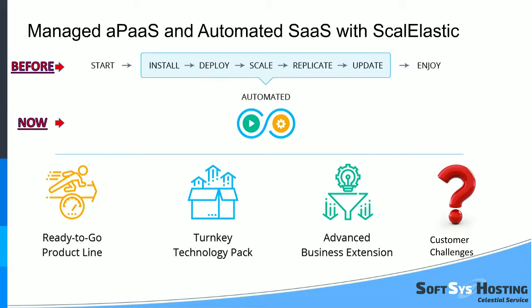There's also automation in scaling with advanced business extensions or rules that can be customized along with option to replicate environment in one click. And the end result is that the customer has complete control over all the above steps, which are again customizable, and hence it helps in addressing all customer challenges.